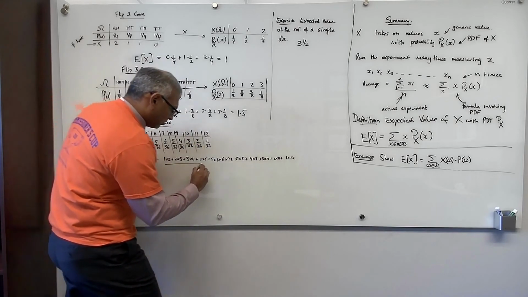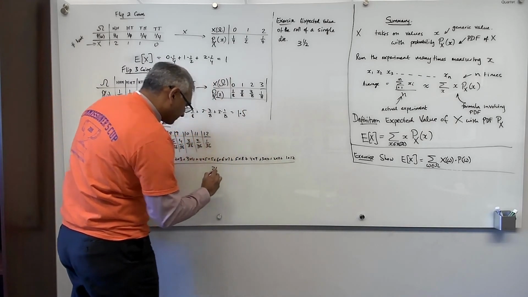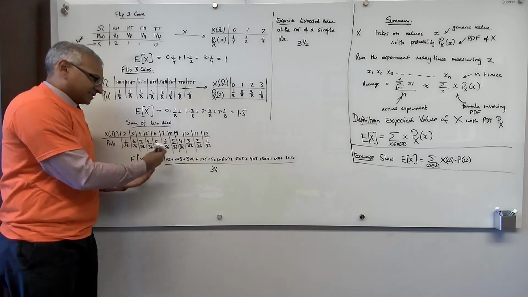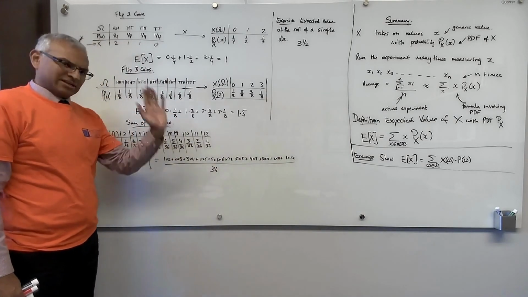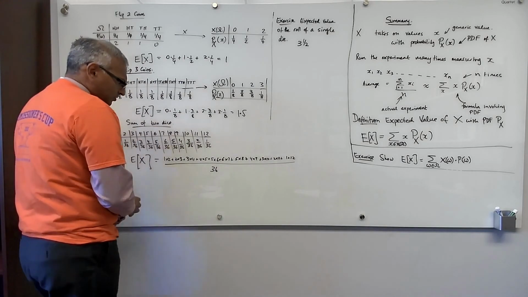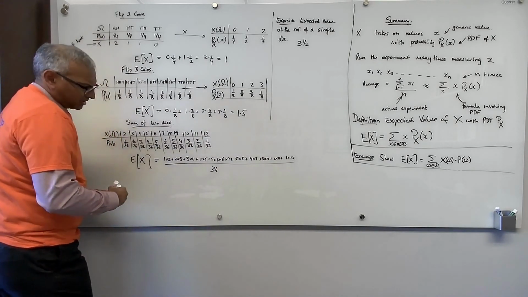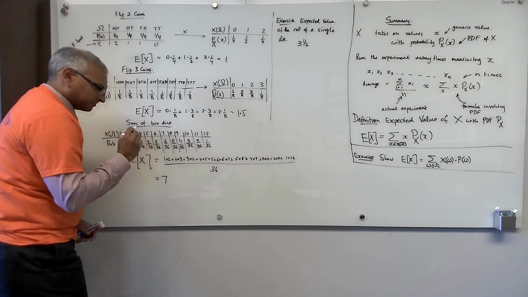Divide that whole thing by 36. So that's the expected value. And when you go and do all this, do it in your head if you can. You are going to get that the expected value is 7.